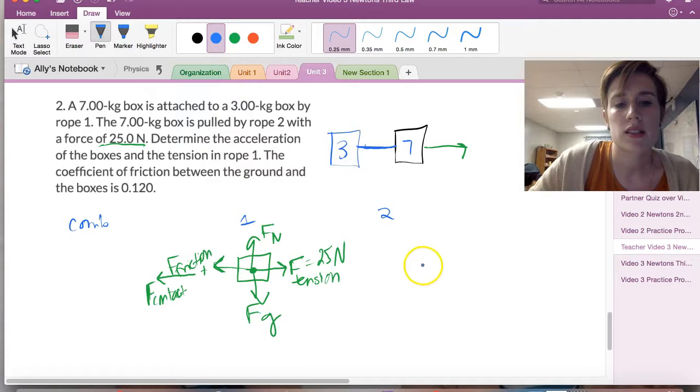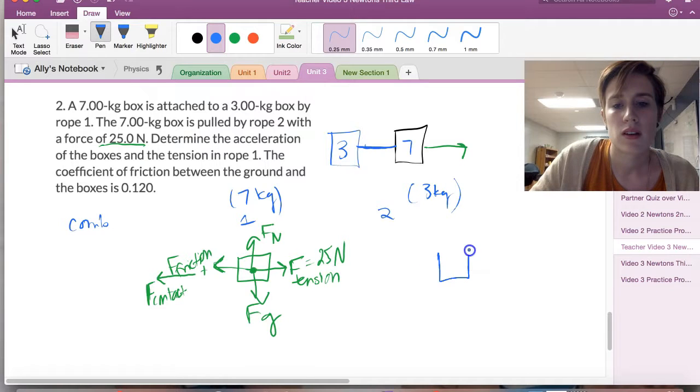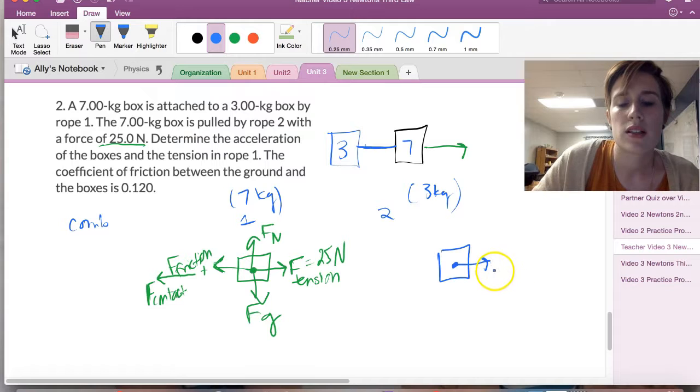Our other box is the 3, so this is the 7 kilogram box. Our next diagram is the 3 kilogram box. This 3 kilogram box, okay, it's got the contact force, it's being pulled in this direction, so the contact force is this direction. Friction's the other direction. Here's gravity, and here's the normal force.